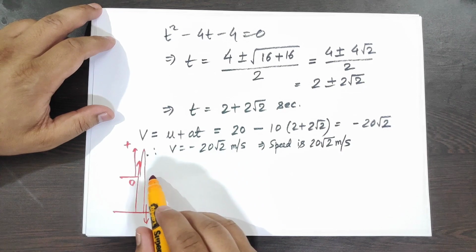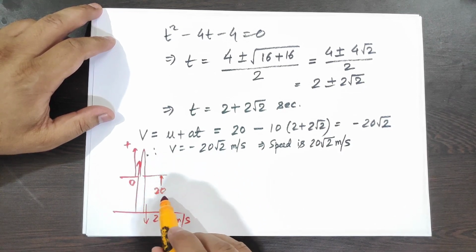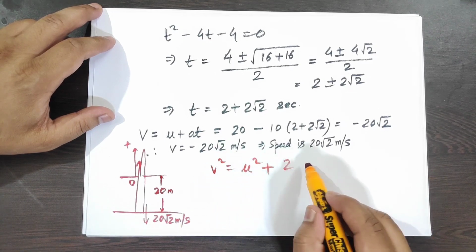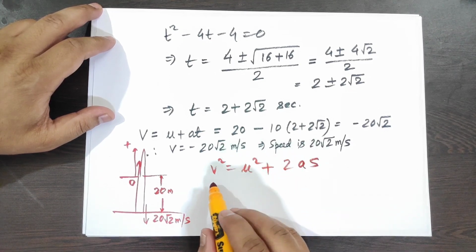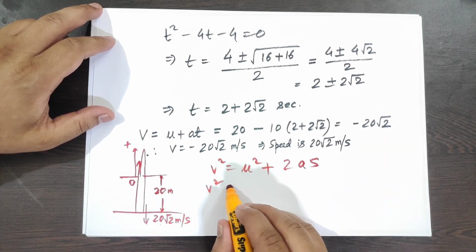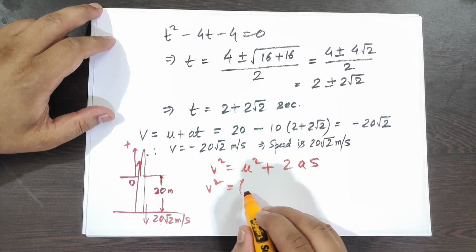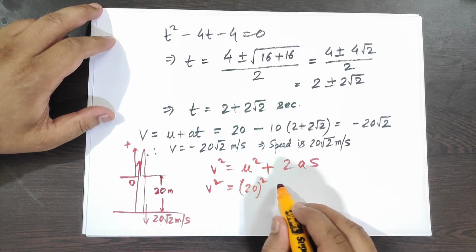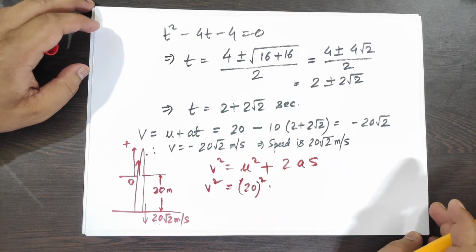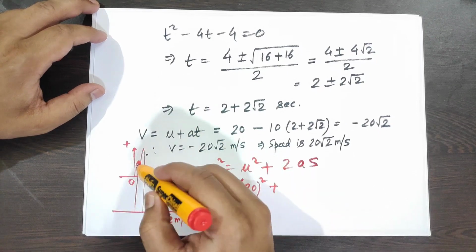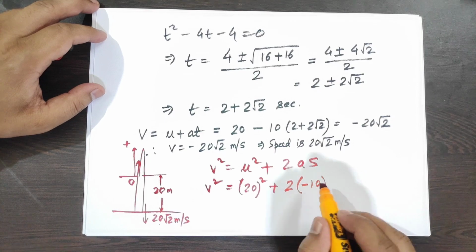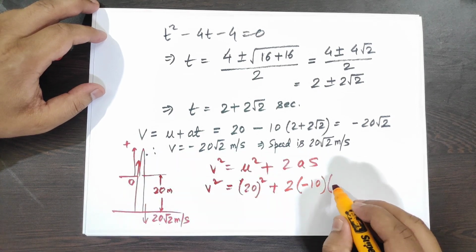Also you can solve it by this. So this was 20 meter, so you know v square equal to u square plus 2as. So this v is not known, so v square equal to 20 square plus 2a, where a is minus 10 and s is minus 20, right?